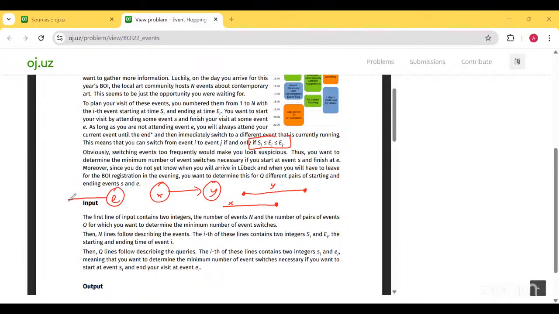We want to go back from E to S. From node E, we want to go to S, but we can go from Y to X if and only if the endpoint of X is inside the range. All right. Is it understood?